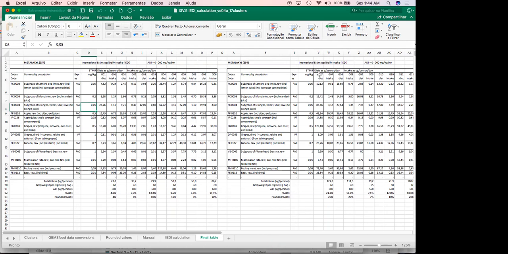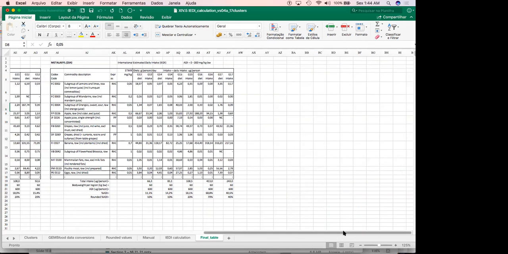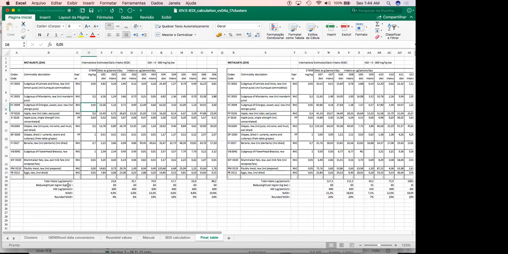It doesn't fit everybody. Here's 7 up to 17. And add them up, add the total intake for each cluster, divide by the body weight which is used, in microgram per kilo per person, and then apply the ADI and express it as percent of the ADI.